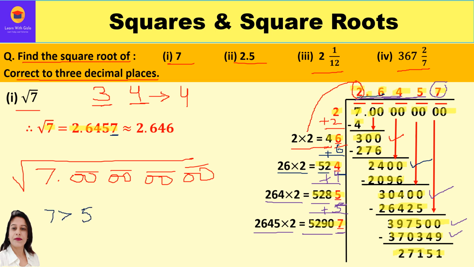That means we will increase the 3rd place by 1 and have 6 at the 3rd place, right? So whenever the 4th place is greater than or equal to 5, then we increase the 3rd place, that is 5 over here, by 1. So we can say that square root of 7 is 2.646, right?